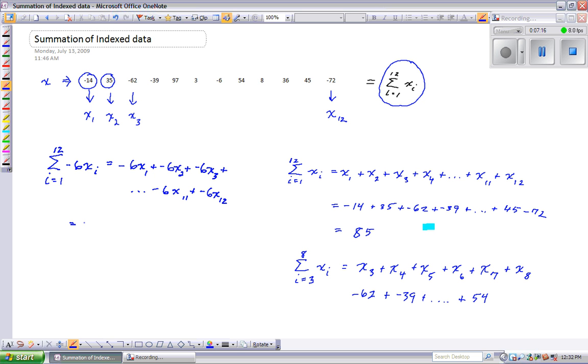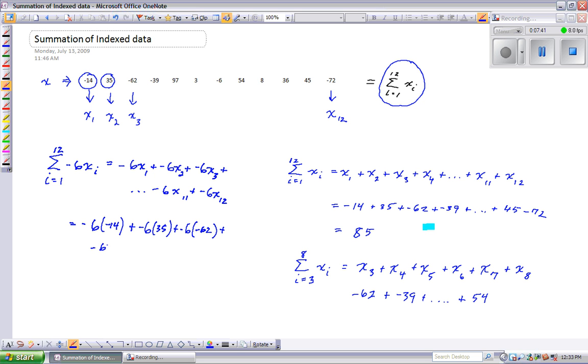So let's substitute in the numbers now. Negative 6 times x sub 1, which was negative 14, plus negative 6 times 35, plus negative 6 times negative 62, that was x sub 3, plus negative 6 times negative 39, which is x sub 4.